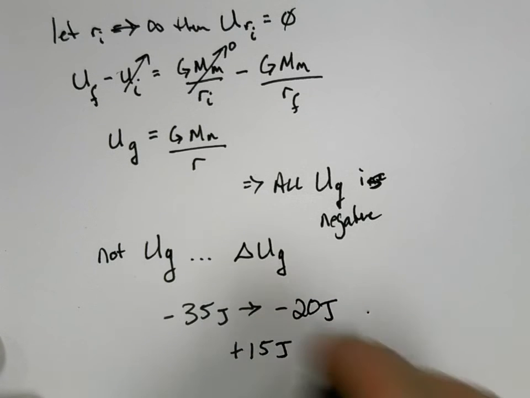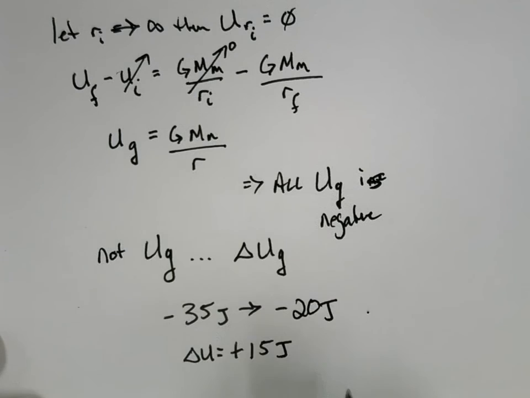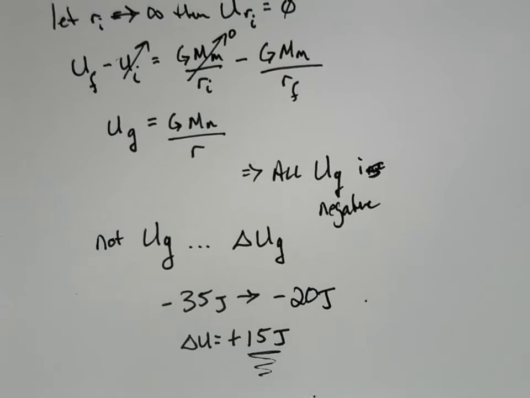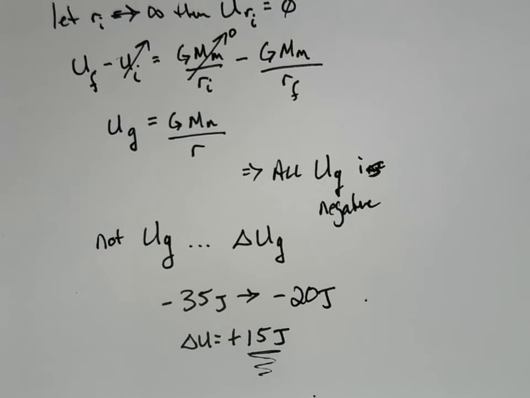This is what delta U equals. It would be work done against gravity to increase its potential by 15 joules.